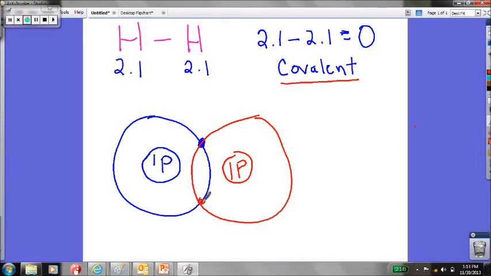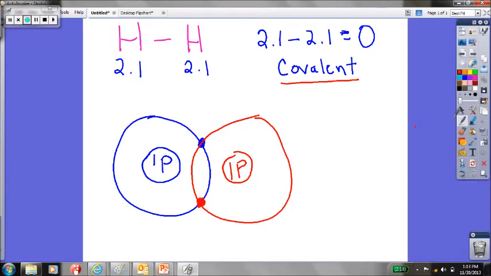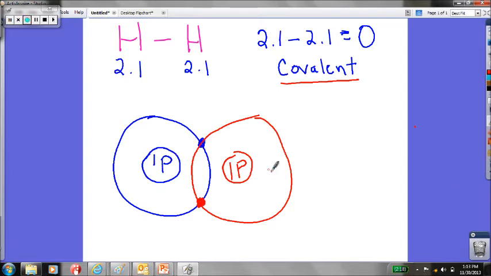You notice that my first hydrogen atom, which was the blue one, is now sharing an electron with the second hydrogen atom. But you should also notice that my second hydrogen atom is sharing its electron with the first atom. And so by each of them sharing an electron with the other atom, they're each able to complete their valence shell. This blue hydrogen atom now has 2 electrons in its valence shell.